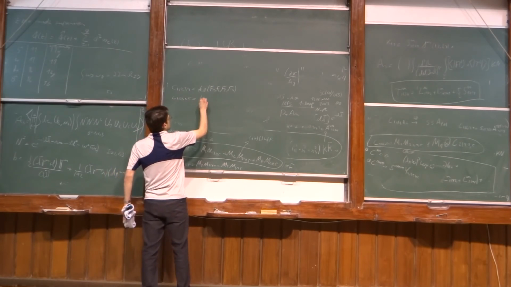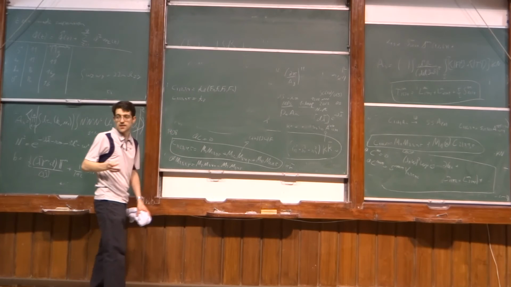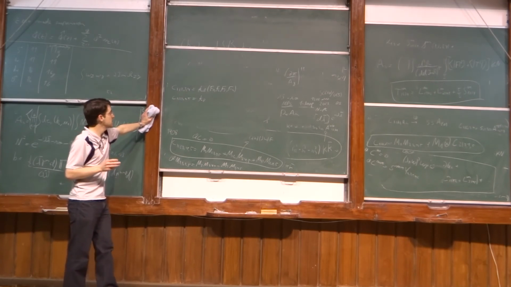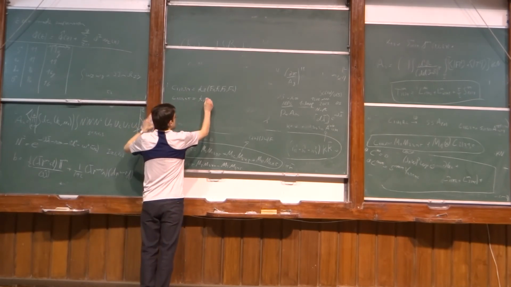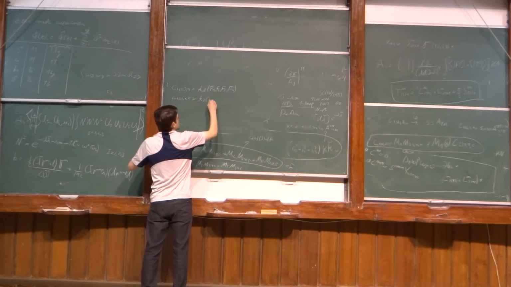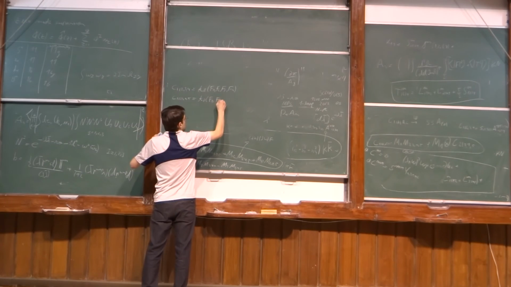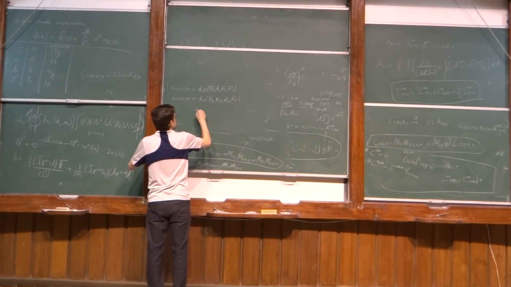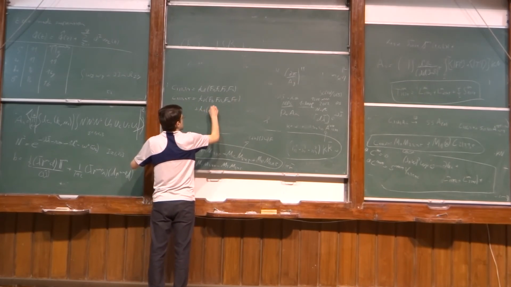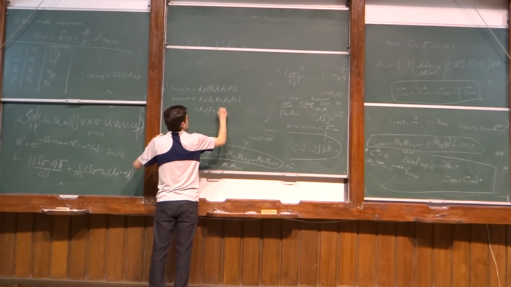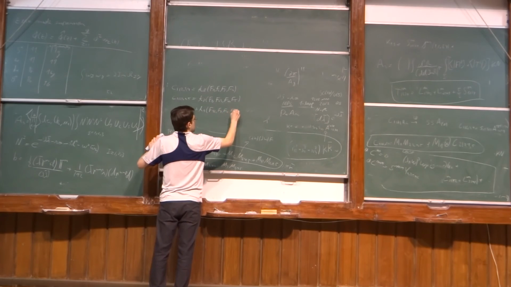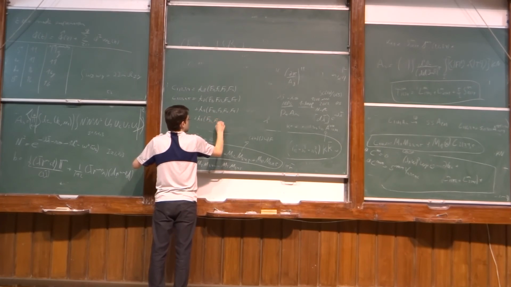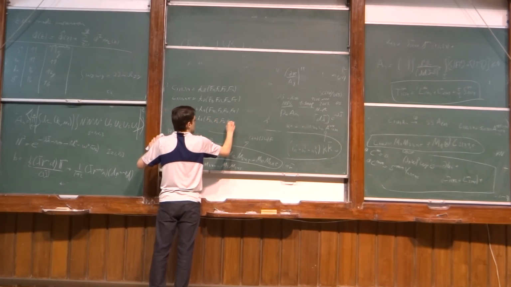If you use the component Bernoulli current, then at the component level, not at the superfield level anymore, you get F1, F2, F3, F4, F5 plus T8 F1, F2, F3, F4, F5 plus T8 F3, F1, F2, F4, F5.